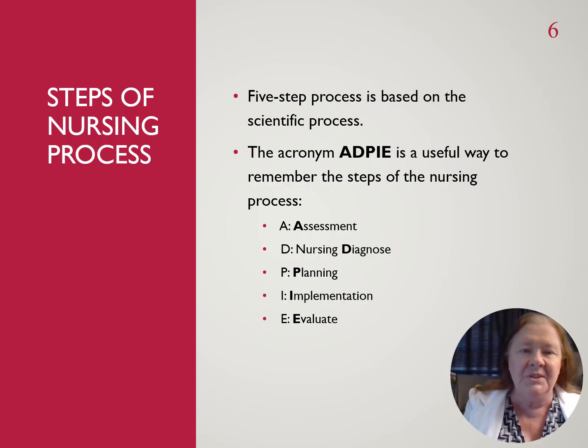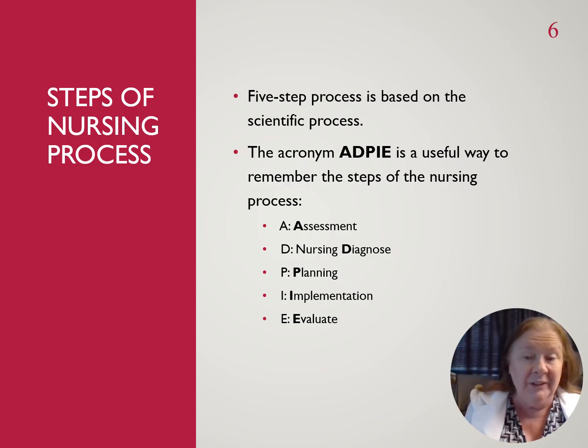Now we're going to get into the five steps of the nursing process. The acronym that you may have heard of, or you may not have by now if you're in first semester, is ADPIE, which is commonly used. A is for assessment. D is for nursing diagnosis.